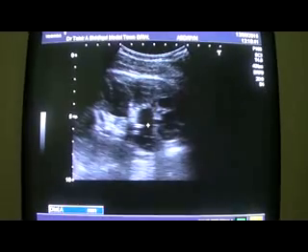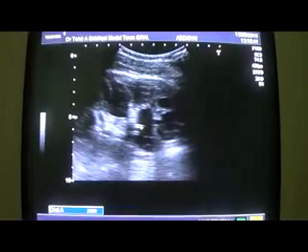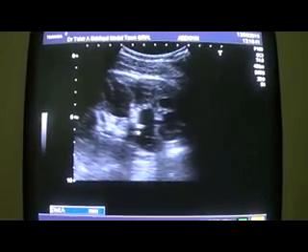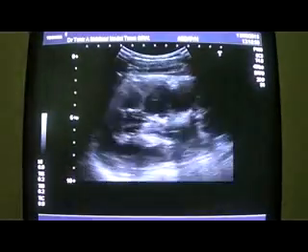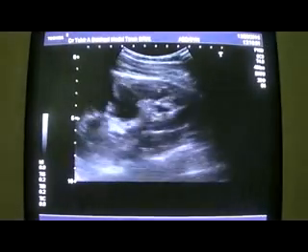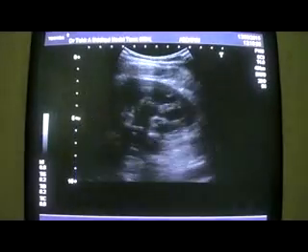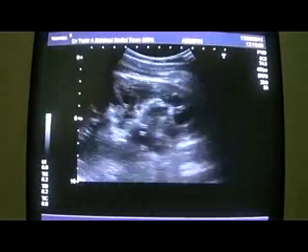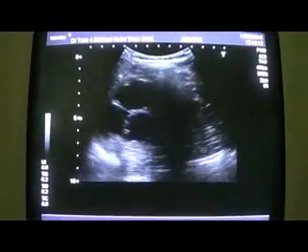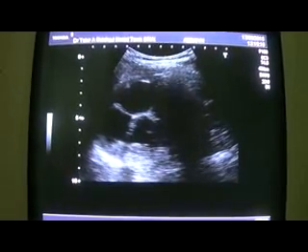Now you see this shadow is that of the stent that has been placed. This is also a shadow of the stent that has been placed in this gentleman for obstructive uropathy to relieve the obstruction. And the stent is patent, as is in front of you. This is also a part of the stent, this area.